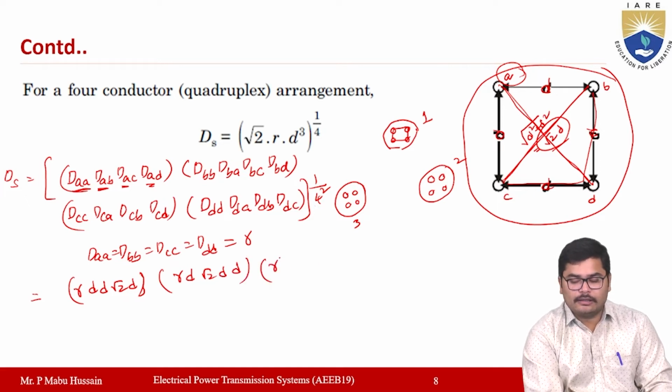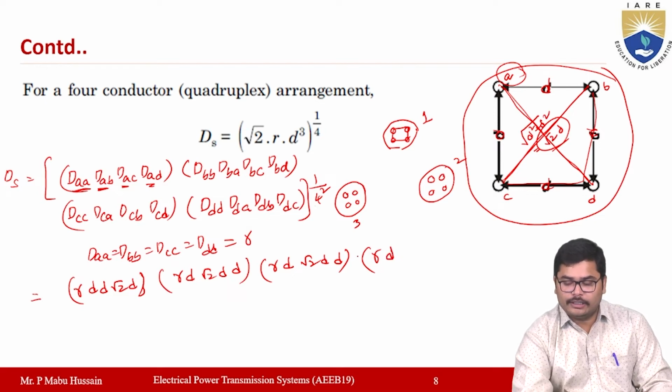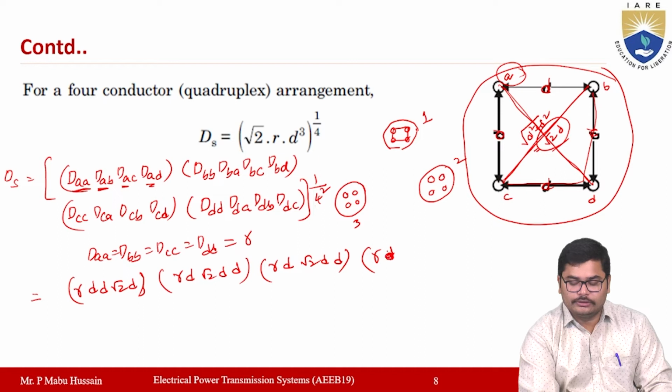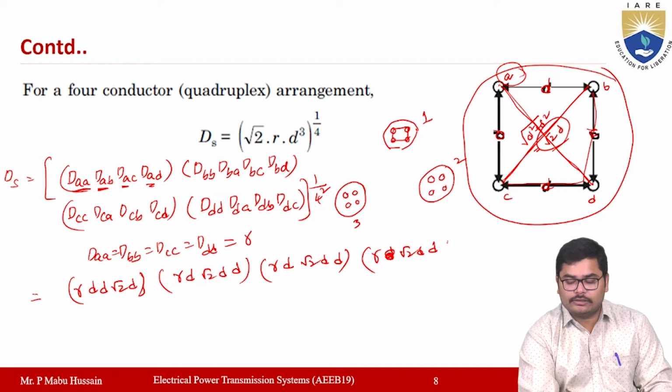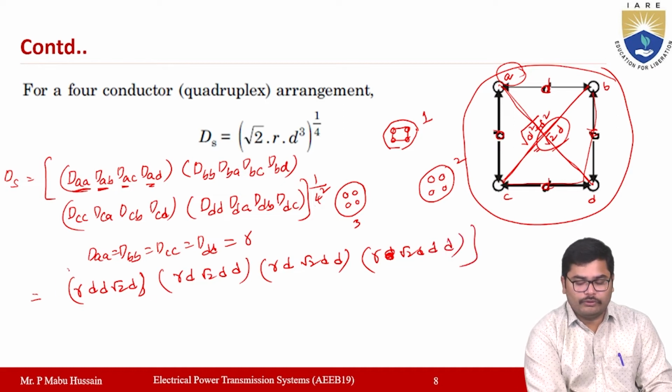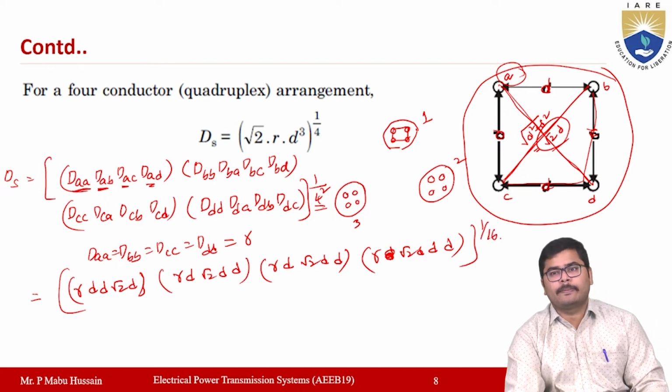Then DCC is r, DCA is d, DCB is √2 d, DCD is d. Then DDD is r, DDA is √2 d, DDB is d, DDC is d, all to the power of 1 by 4 squared, which is 1 by 16.